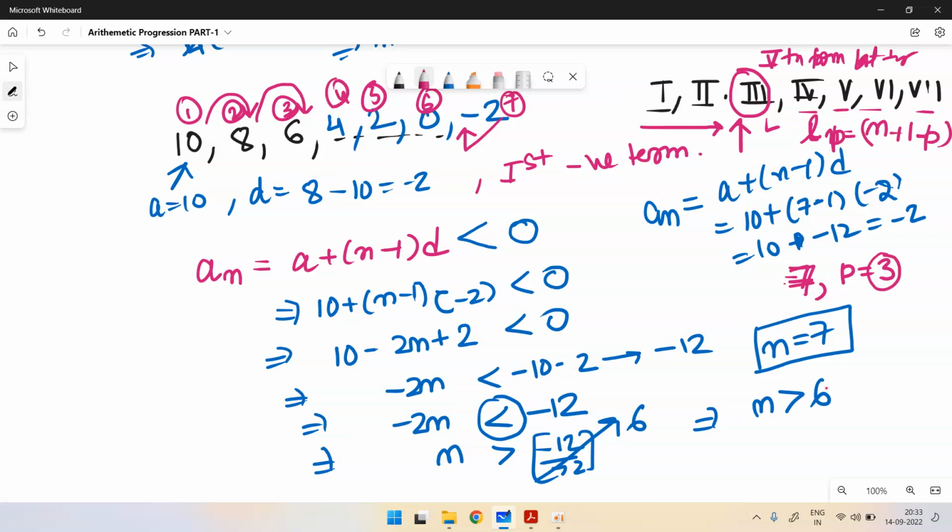So L of n is 7 plus 1 minus 3. This is nothing but 8 minus 3, which is 5. This is the position of the term with respect to the last term. So this is my answer.